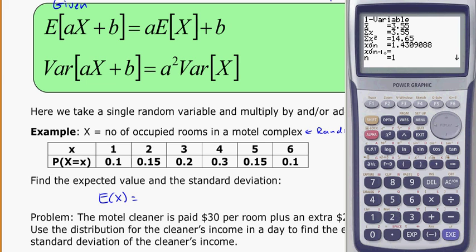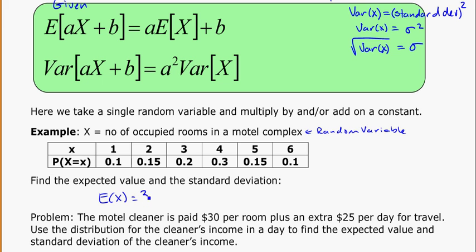Now we can do 1-variable, and this will calculate for us our mean and our standard deviation, which are those two numbers there. Remember the mean is always the x with the bar over it, and the standard deviation will be this one here. Yours might just say sigma x, depending on which version of the calculator you have. Your mean will be 3.55, and your standard deviation will be 1.43.